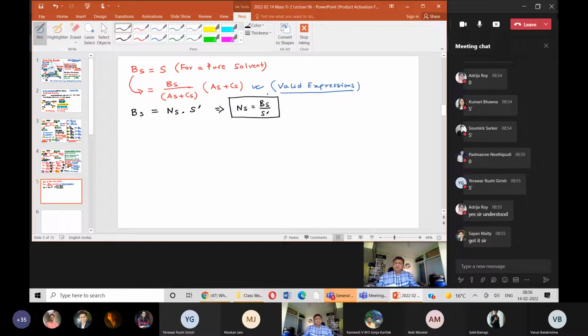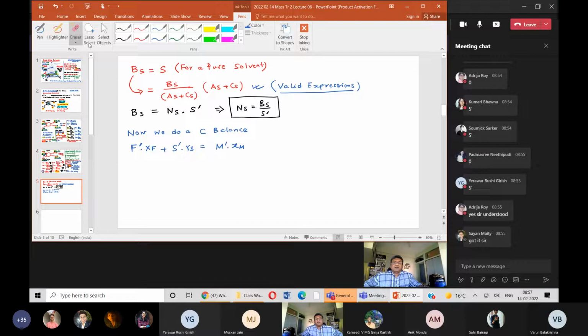Now we do a C balance. We write it on a B-free basis. So what we have is F dash XF plus S dash YS is equal to M dash XM.